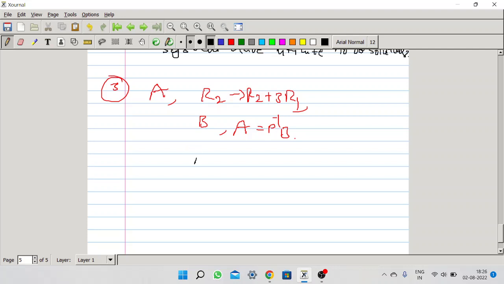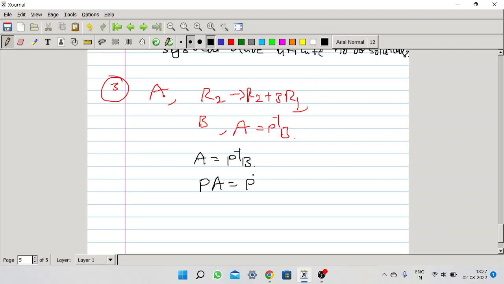So here it is given A equal to P inverse B. Since it is written P inverse, that means the inverse of matrix P exists. So we are just multiplying with P on the left-hand side of the above equation.